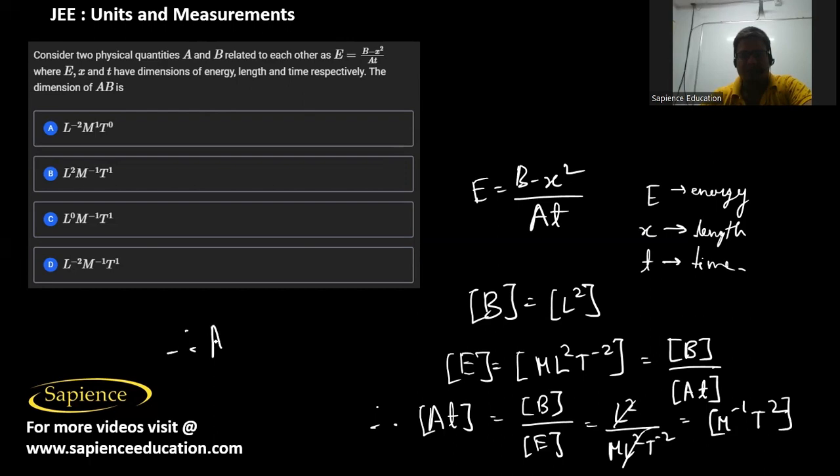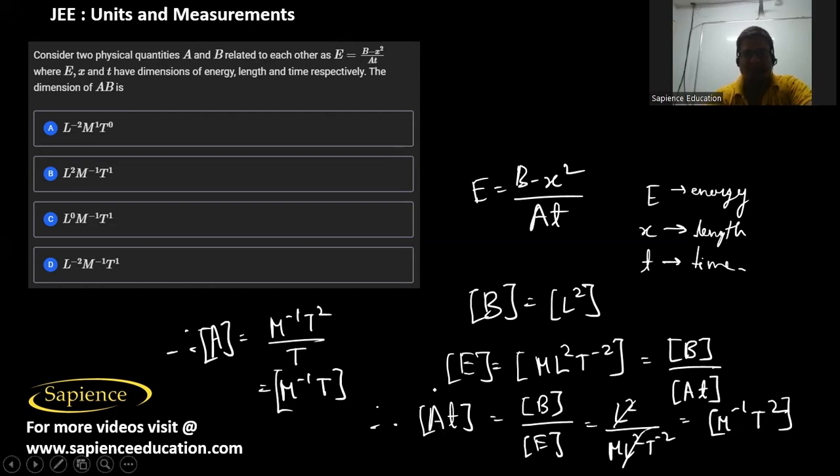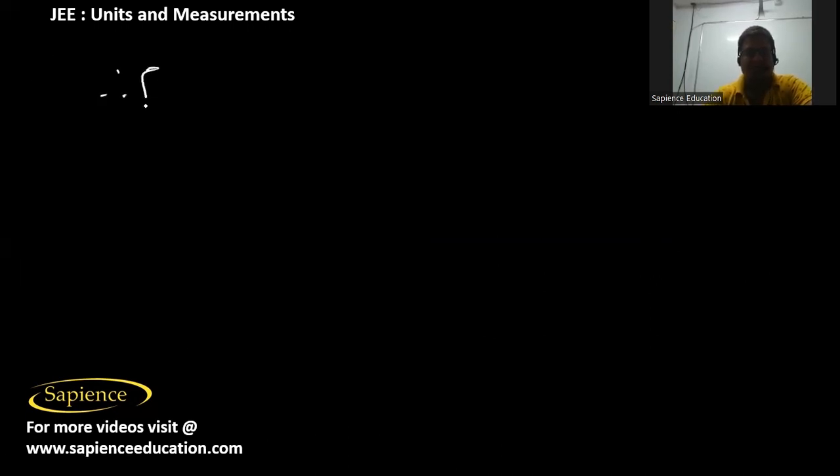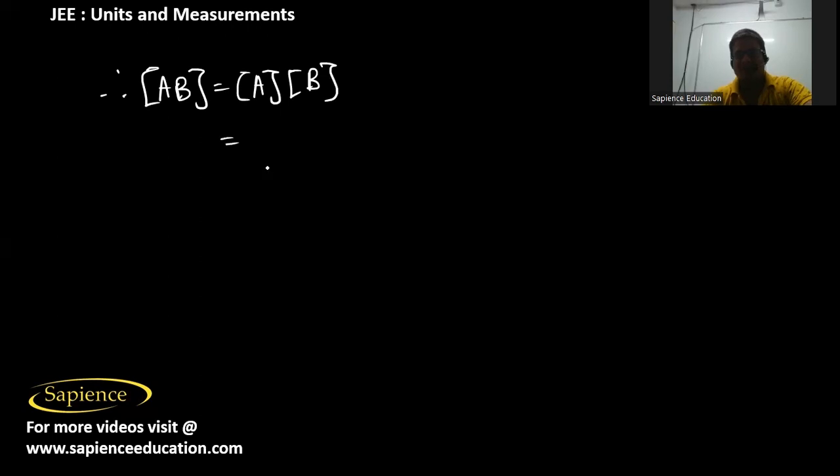Therefore the dimensional formula for A will be M power minus 1 T square divided by T. That will be M power minus 1 into T. So now A into B, the dimensional formula for A into B will be equal to the dimensional formula of A into dimensional formula for B. The dimensional formula of A is M power minus 1 into T, into dimensional formula of B, that is L square.